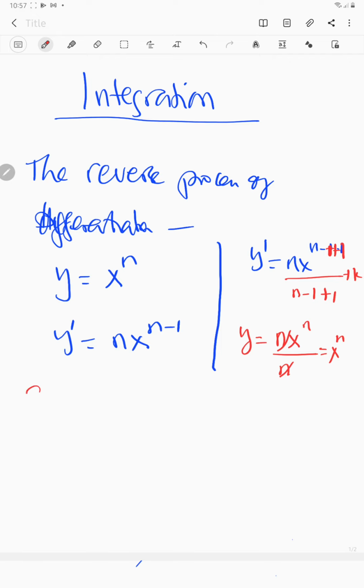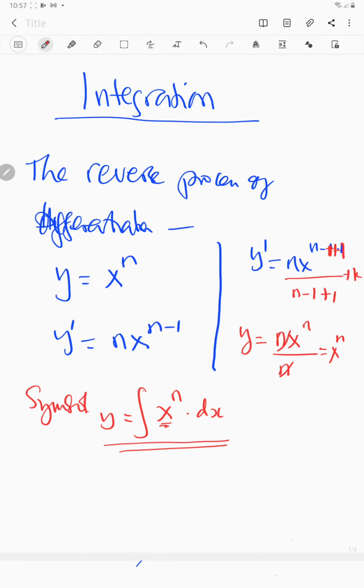So that's the reverse process. In terms of the symbol, we use the integral, and we can say y is equal to x to the power n. Because we are integrating this one, we put dx, implying that we have got an integration. This particular symbol is called an integral.